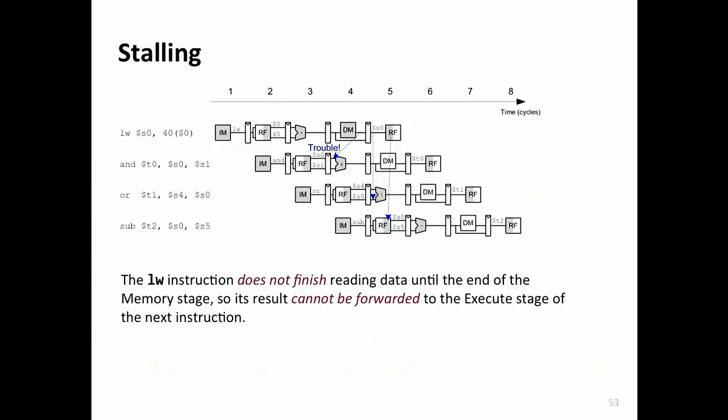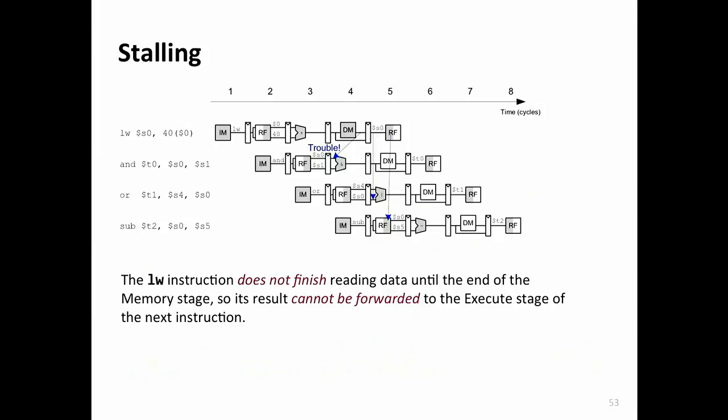Now you could potentially do this forwarding, but there's a downside to that. If you actually forward the data from the output of memory to the input of the ALU directly, what did you do? Any thoughts? Yes? You increase the critical path.